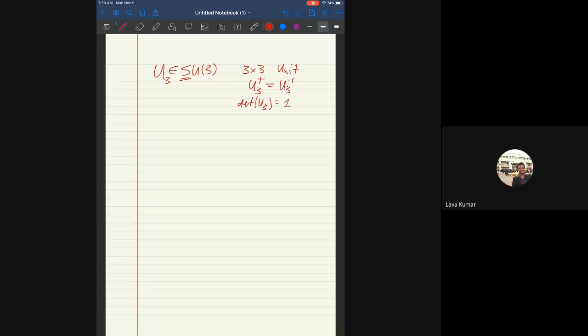Okay, so a representation means for every element of the group here, I map it to a matrix. Well, in this case, there's a trivial mapping I can do, which is that this thing is already a matrix, so I can map it to itself.